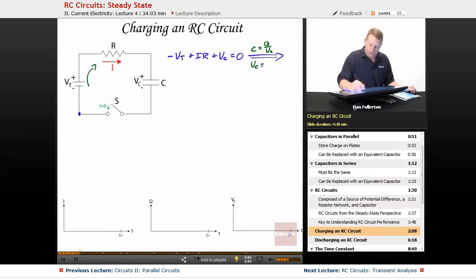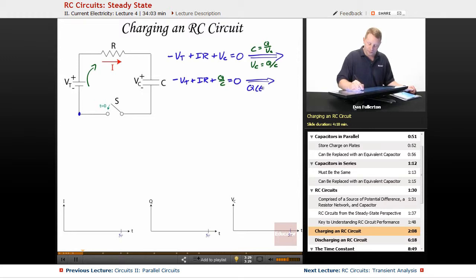Therefore, the voltage across our capacitor is Q divided by C. So I can rewrite my equation as minus VT plus IR plus Q over C must equal 0.